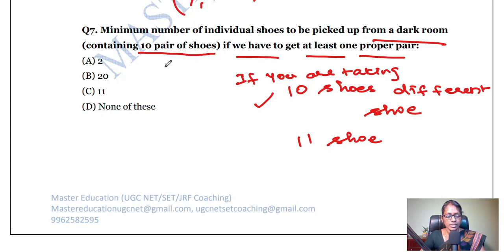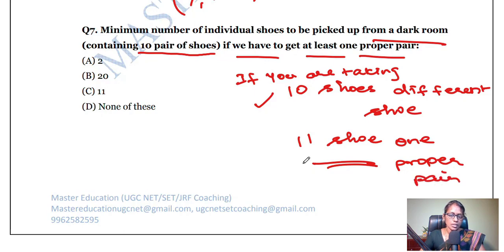So the 11th shoe will be a proper pair for some color. So option C is the correct answer, 11. If you are taking 11 shoes, you will get at least one proper pair.